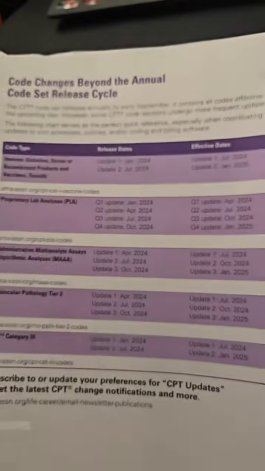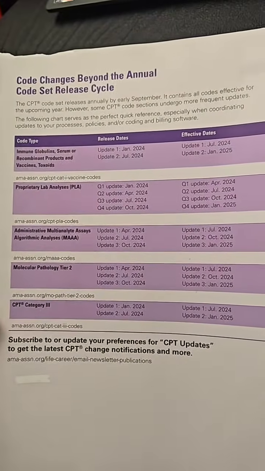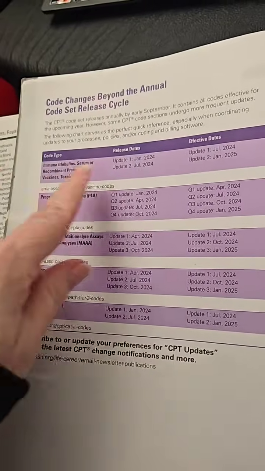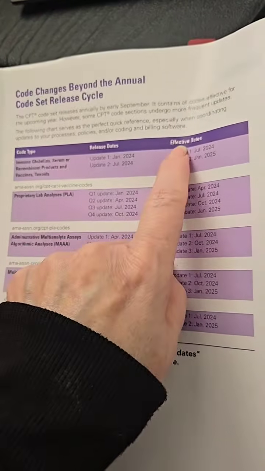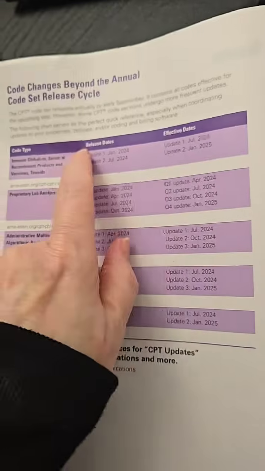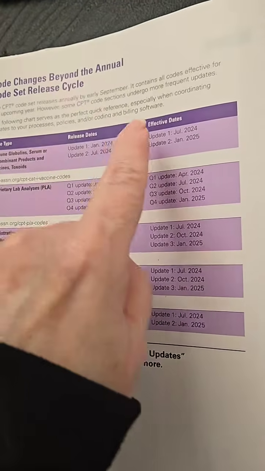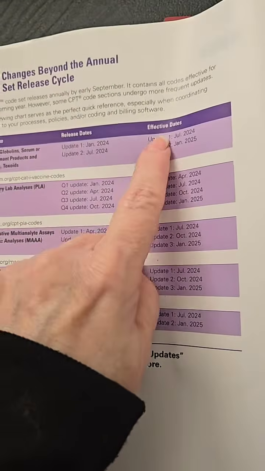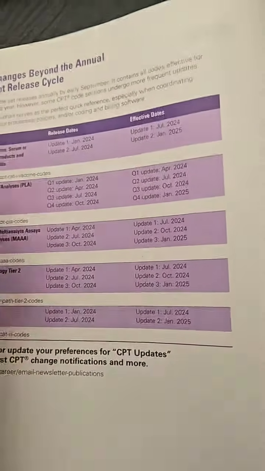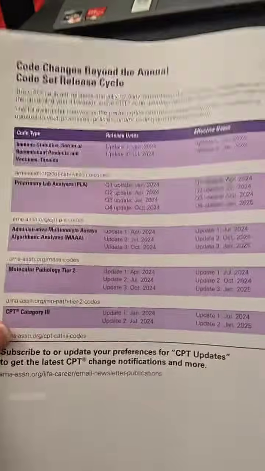Be sure you know when they update. That's usually on the exam. Whether it's released or when it comes into effect is a big difference. So make sure they're asking you if it's a release date or an effective date before you pick one of those. But yeah, be sure you know where that calendar is too.